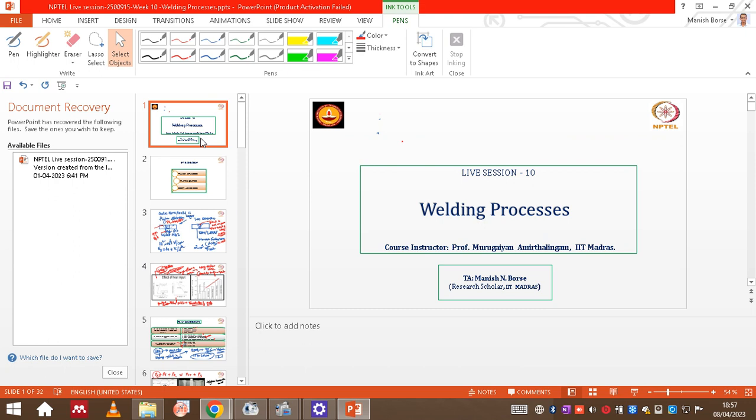Maybe at the start of the session, for a complete 1 hour, we can start with friction stir welding. If you want, I can take some references from research papers, and I can also tell the actual mechanism of the joint formation and certain physics of the welding process.